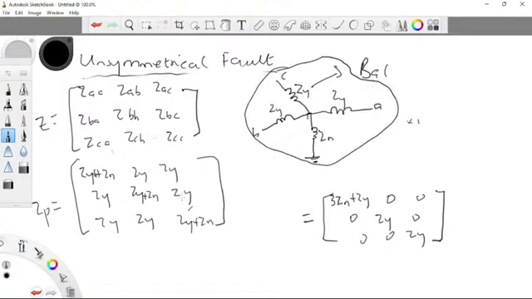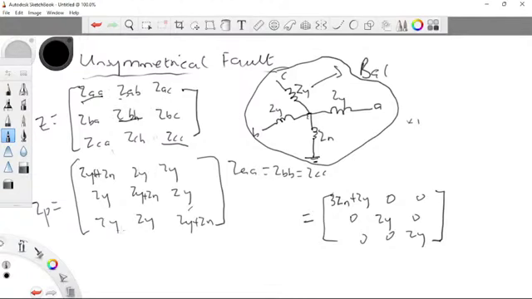So from here, what you realize is that if you have a balanced load, say they give you a question and tell you that it's a balanced load, what can you infer? You should know that Z_AA should be equal to Z_BB, which should be equal to Z_CC. So the diagonal components should be equal and the non-diagonal components should also be equal.